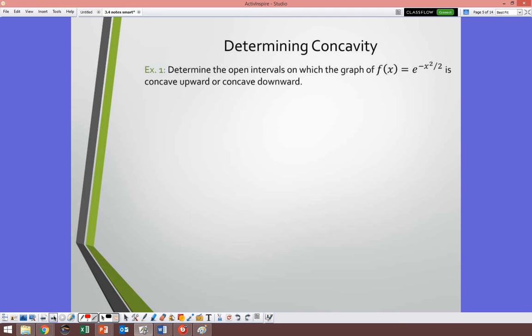So let's take the derivative. If f of x equals e to the negative x squared over 2, what's the derivative at the top? Negative 2x? Negative x?